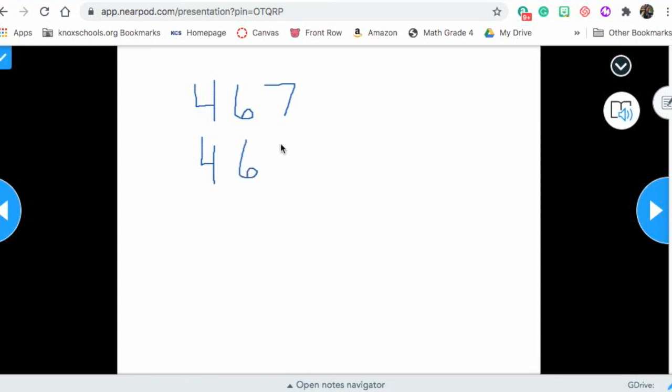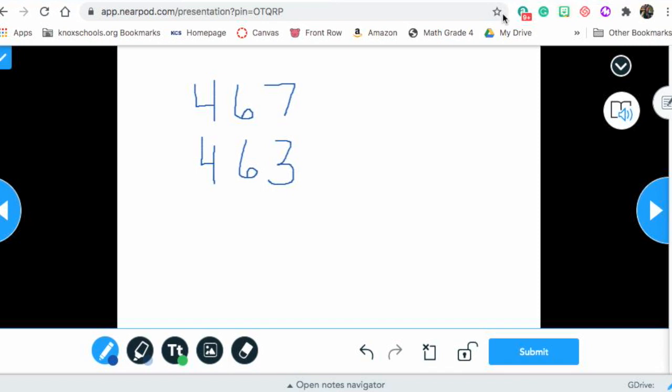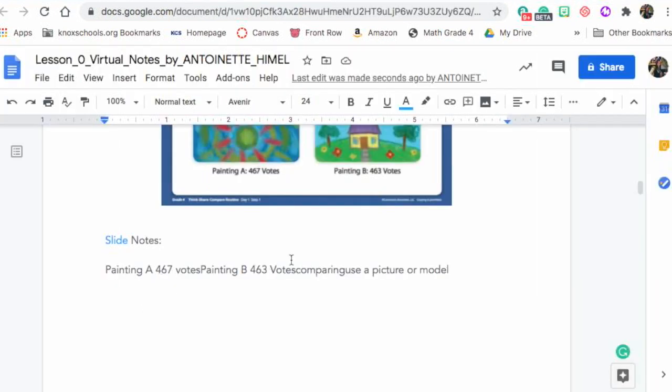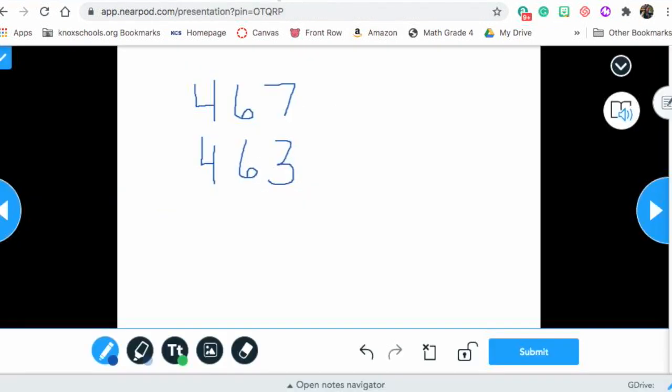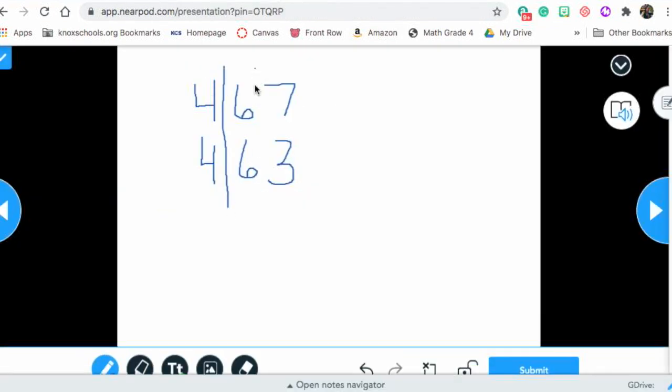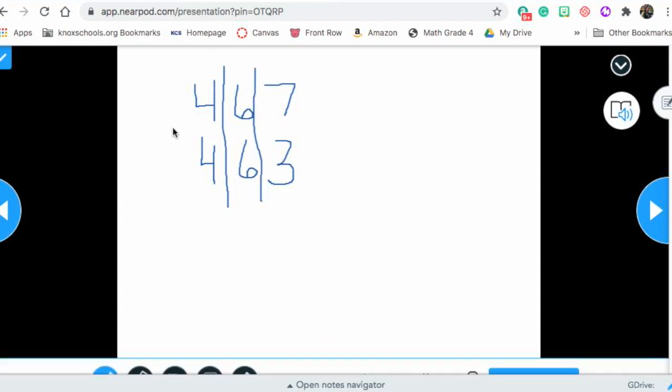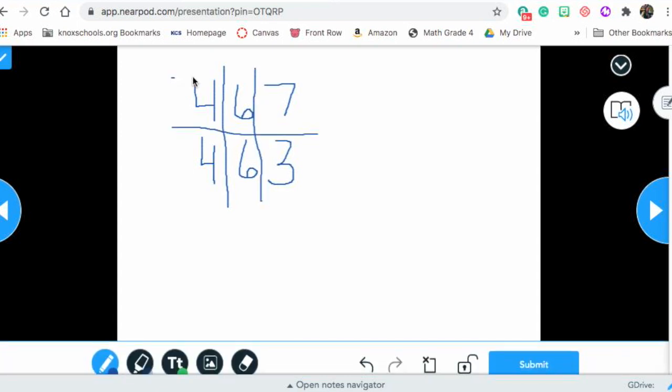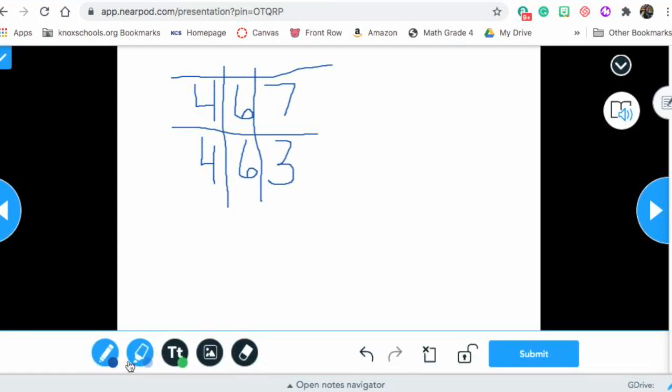And it's really easy to compare those place values when I put them into a place value chart. Let me double check, make sure my numbers are right. Good. And if I'm using a place value chart, those numbers have to be stacked on top of each other, and I have to understand what places these are.